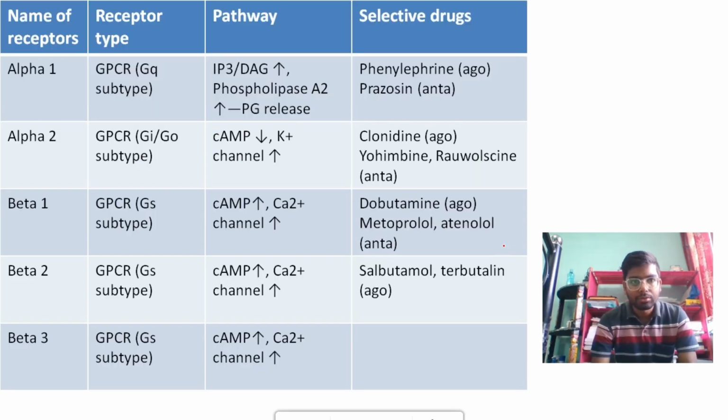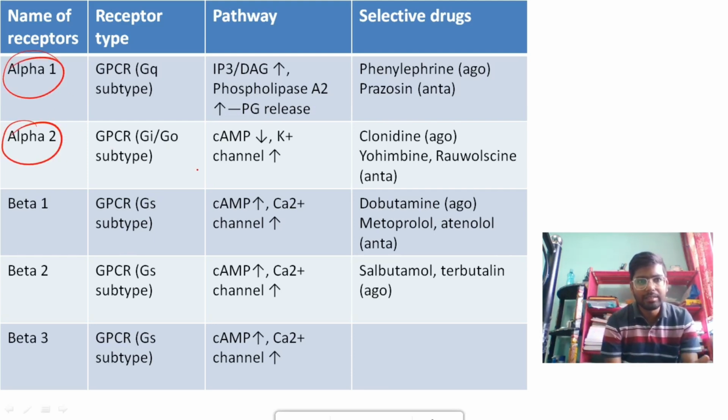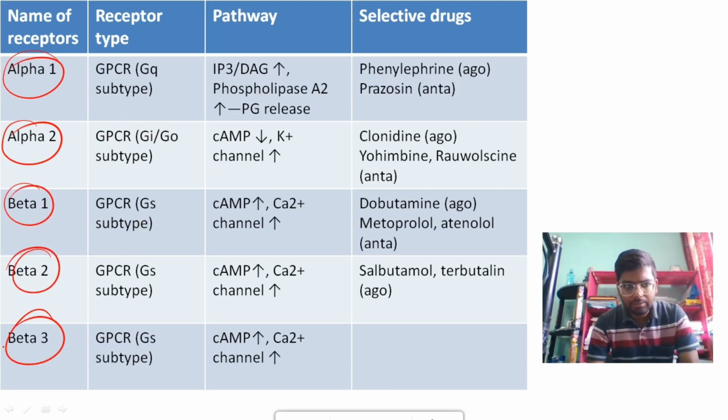Now coming to the pathways and more detail about the receptors. All five receptors, alpha 1, alpha 2, beta 1, beta 2 and beta 3, are GPCRs, G protein coupled receptors. But here is the difference.